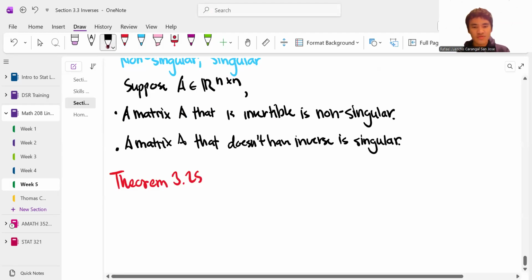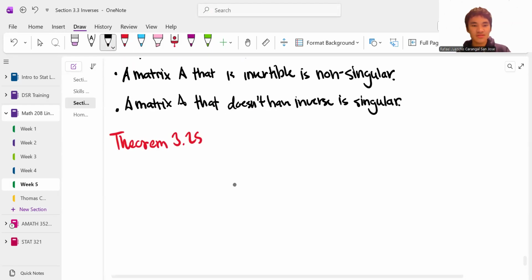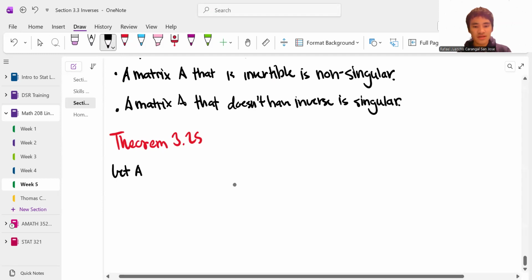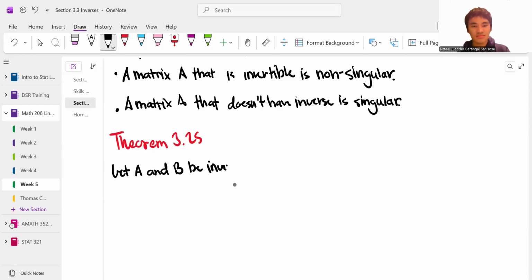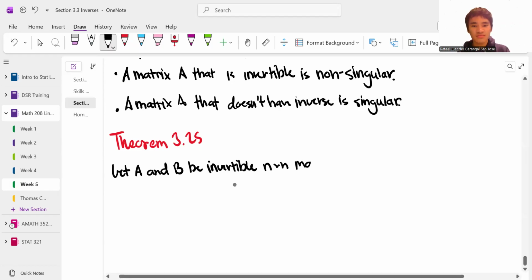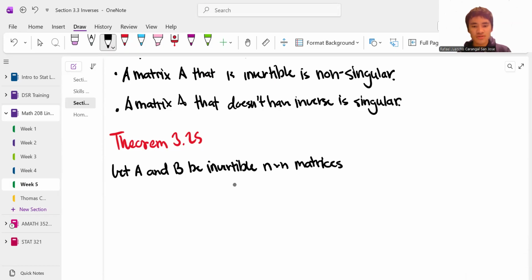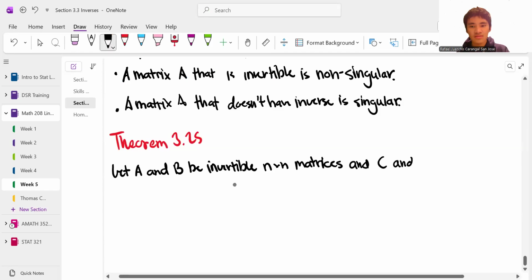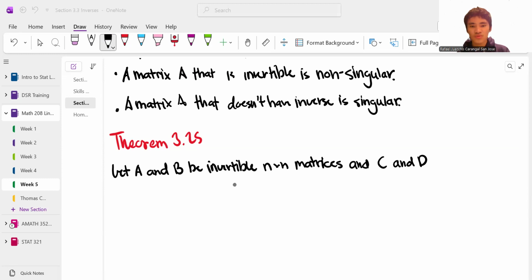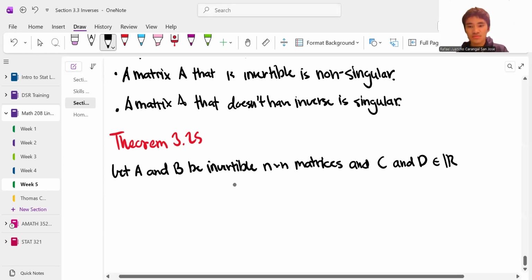Okay, we have theorem 3.25. How many theorems are there here? Here we let A and B be non-singular, in other words, they're invertible, and they are n by n matrices. And C and D, I'm assuming C and D are also n by m.